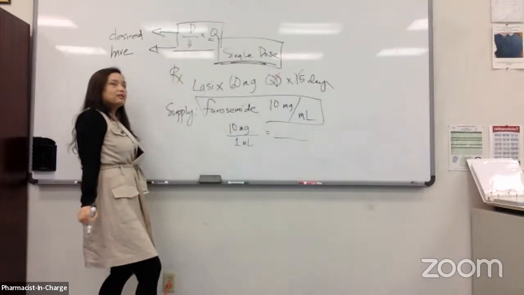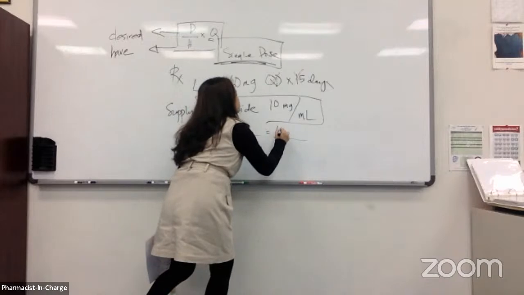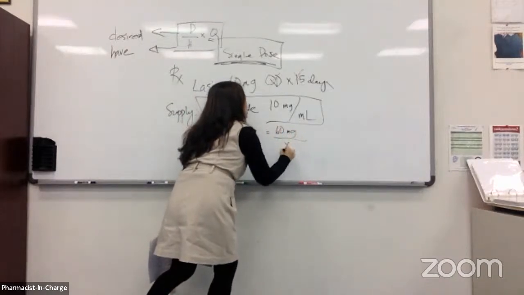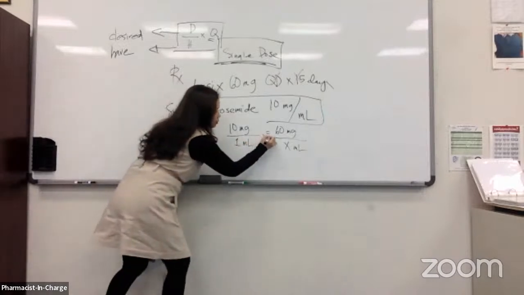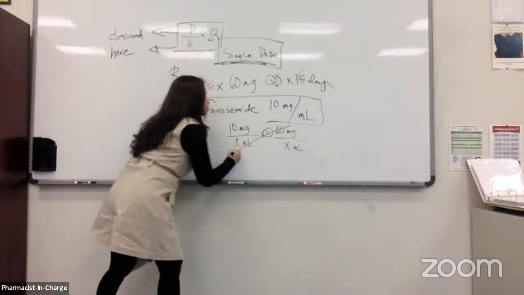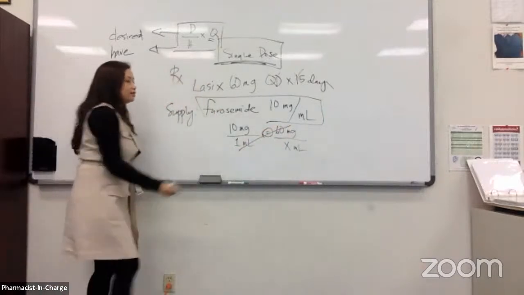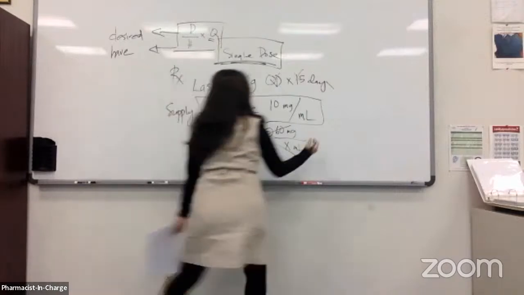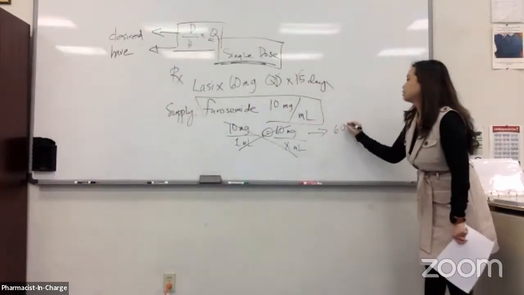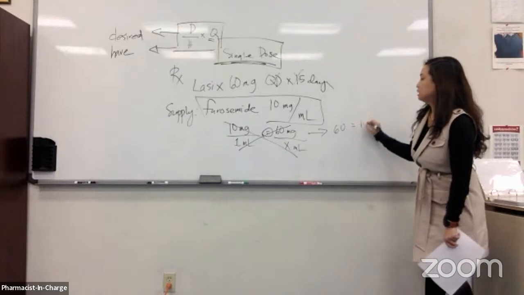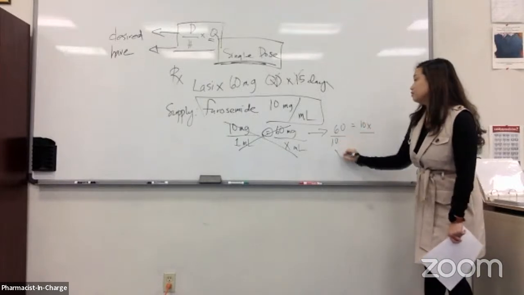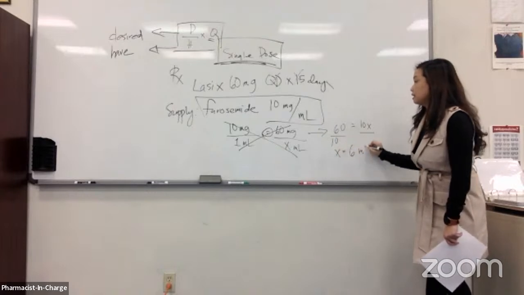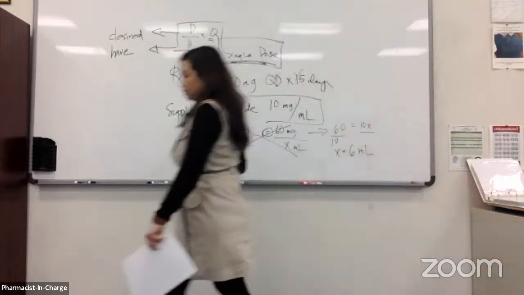Where do I put the 60? Very good, 60 milligrams on top. What's the next process? Because this is ratio and proportion, cross multiply. 60 equals the next, right? Divide both sides by 10, it will give you what? 6 ml. Single dose, 6 ml.